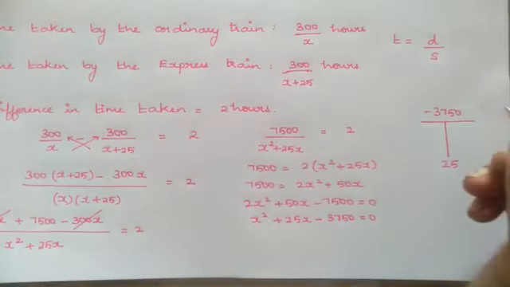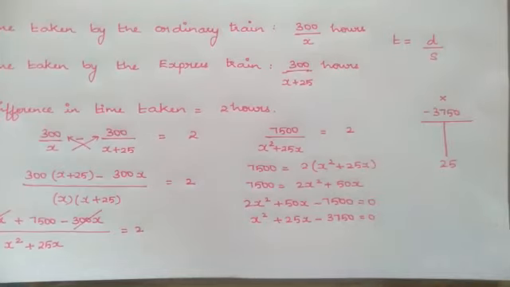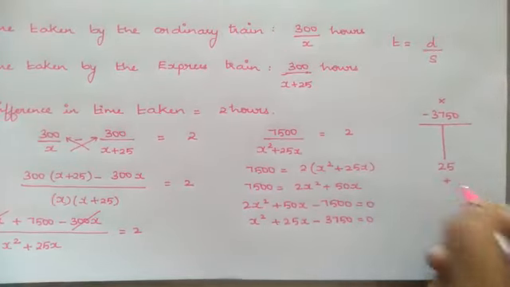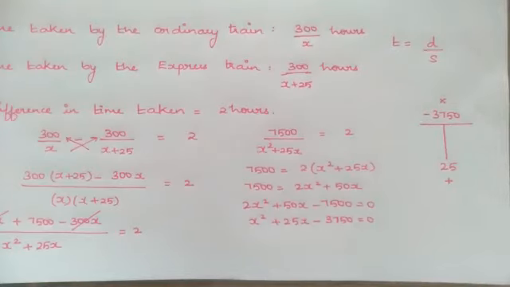Now we are supposed to choose two integers whose product is minus 3750 and sum is 25. Let's identify the numbers by factorizing.